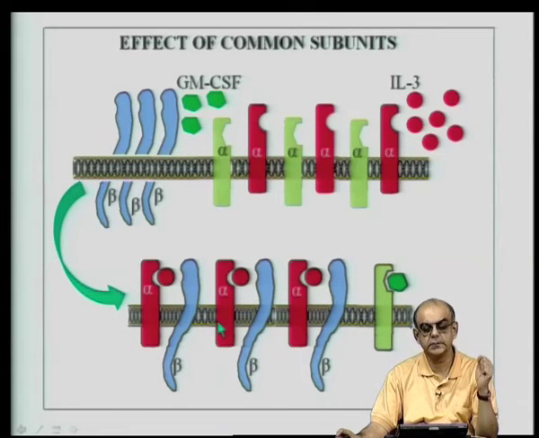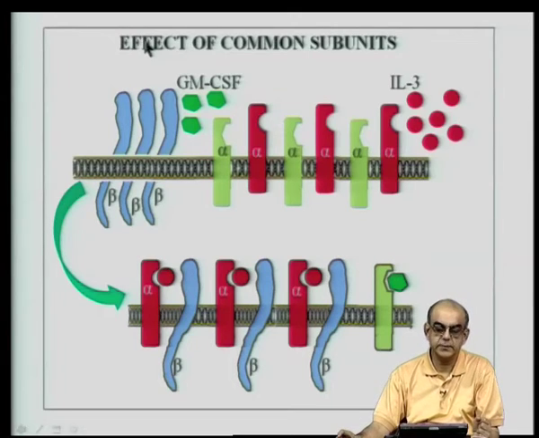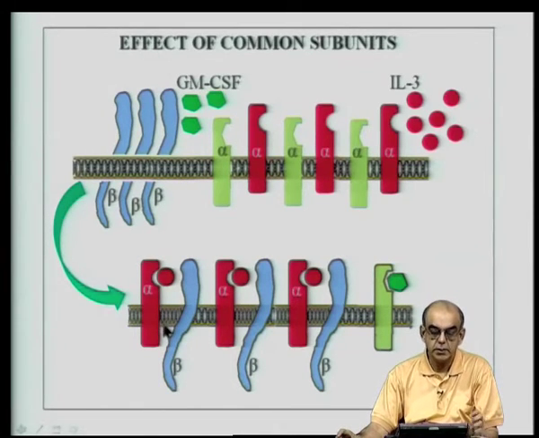So, what is the function or the effect of these common subunits? The effect of sharing these common subunits has to do with how cytokine function can be modulated. For example, here in this slide, you have 3 alpha subunits that can bind to a specific ligand like IL-3, and you have 3 other alpha subunits in light green that can bind to their own specific ligand, the GM-CSF ligand.